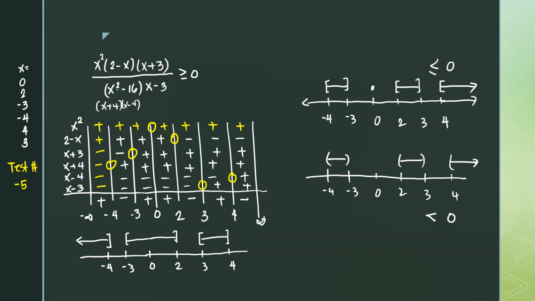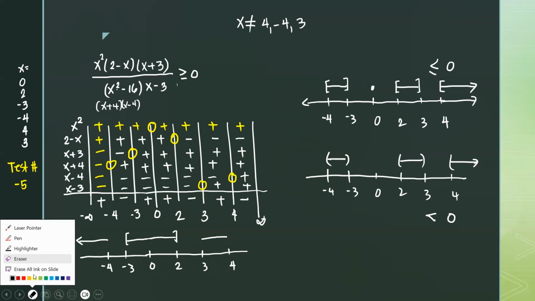There are mistakes. Why? Because look at a fraction. A fraction has its denominators. For the denominators, what are my restrictions, guys? Can you tell me my restrictions? What values can I not have? 4, -4, and 3. So, what we'll do, guys, is this: the -4 is not allowed, the 4 is not allowed, and the 3 is not allowed.